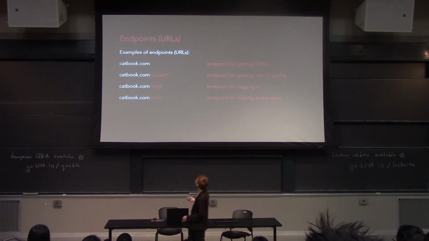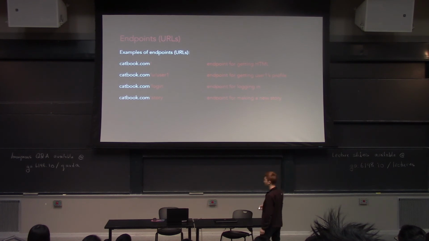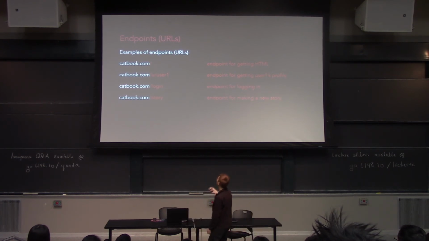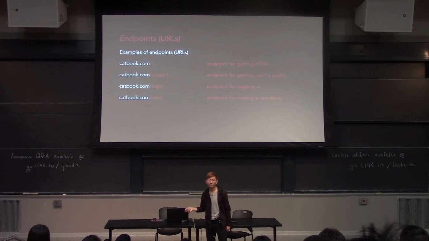So for example, if I make an HTTP GET request to catbook.com, as we discussed in example 1, this is the endpoint that you would send a request to if you wanted to get the HTML of catbook.com.